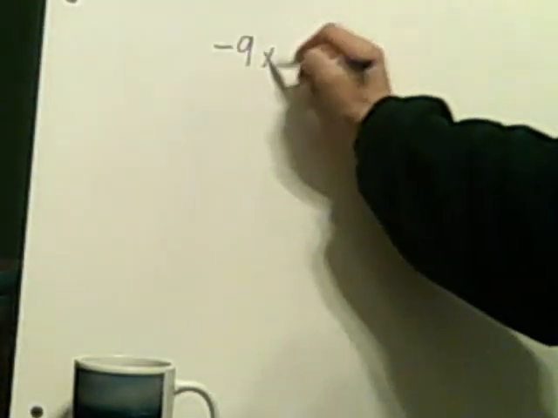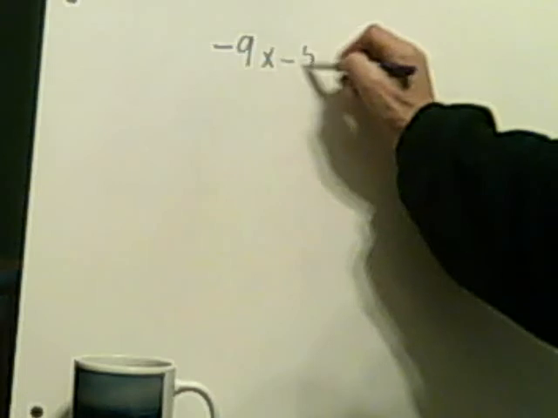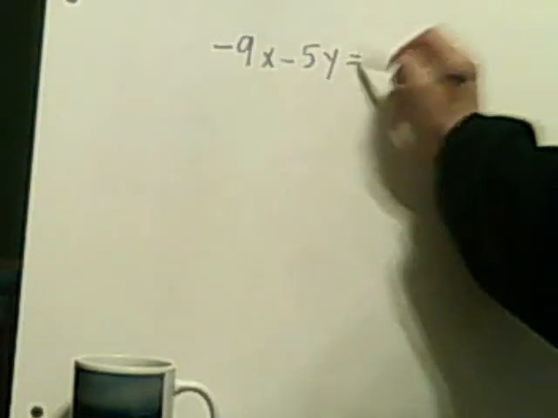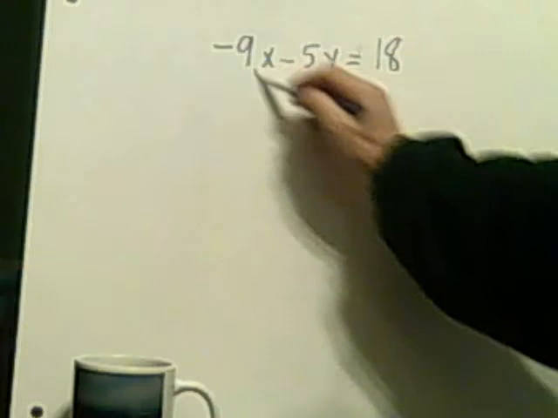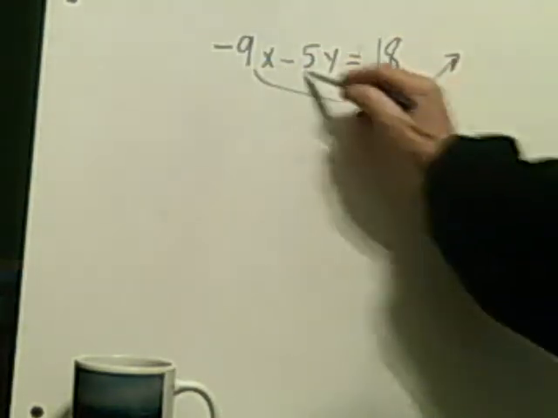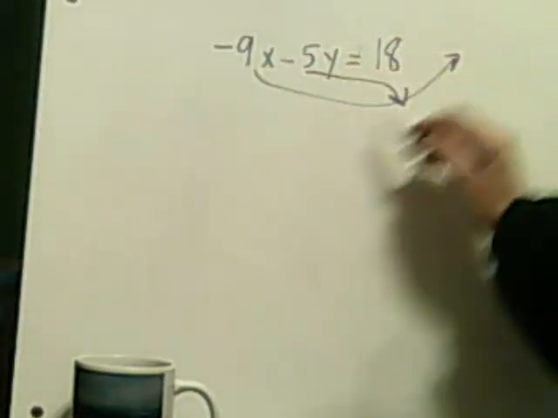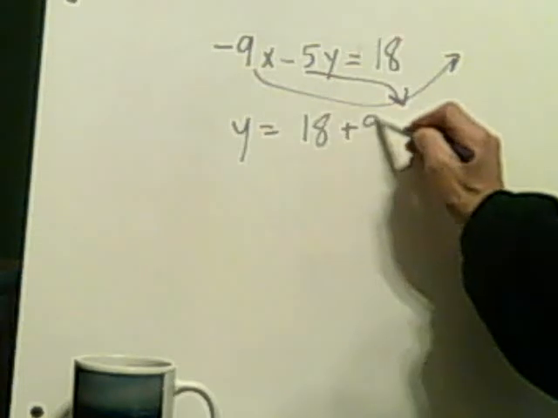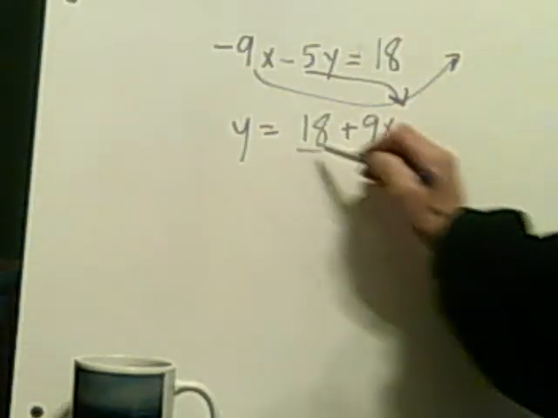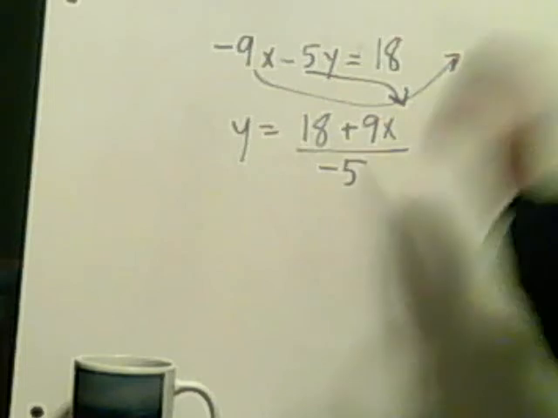Okay? Minus 9 times x minus 5 times y equals 18. Solve for y. Move the 9x to the other side, move the negative 5 down to end up with y is equal to 18, now plus 9x, and divided by negative 5.